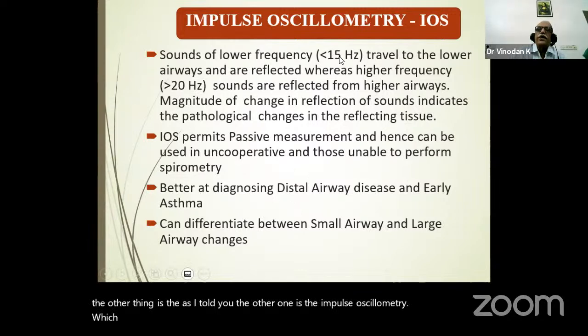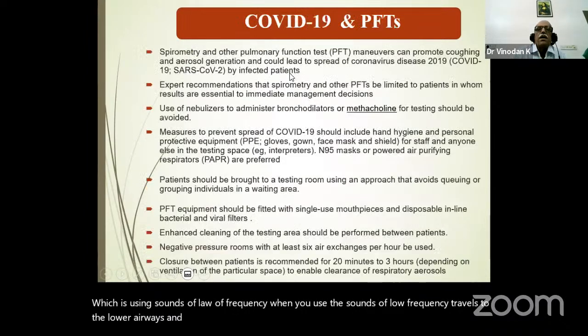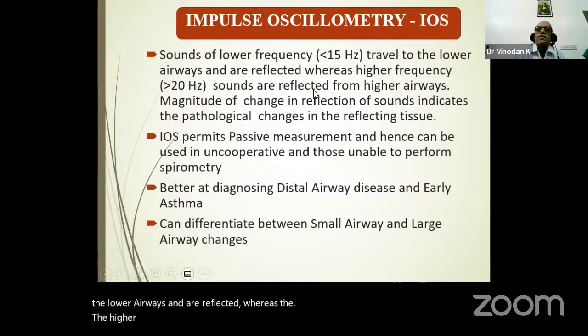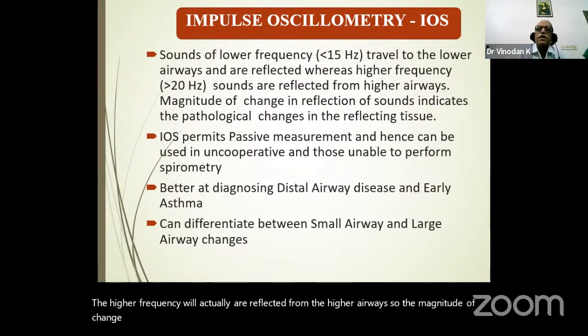The other one, as I told you, is impulse oscillometry, which uses sounds of low frequency. When you use sounds of low frequency, they travel to the lower airways and are reflected, whereas the higher frequency sounds are reflected from the higher airways. The magnitude of change in reflection of sound indicates pathological changes in the reflecting tissue.